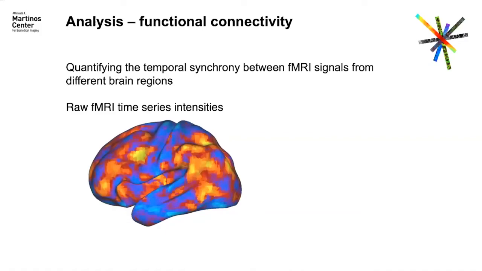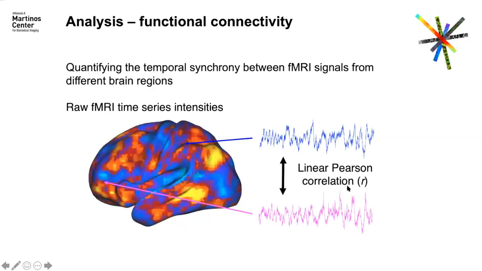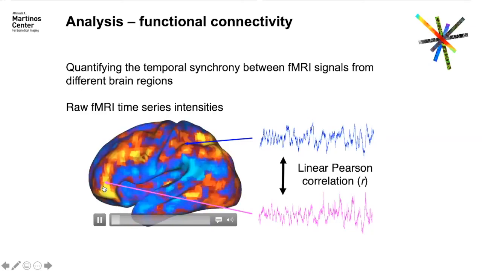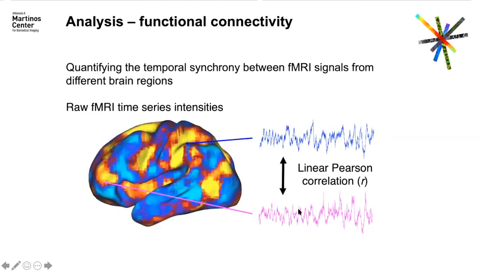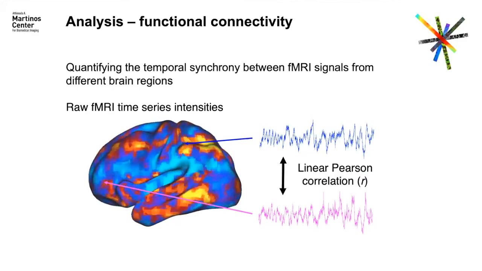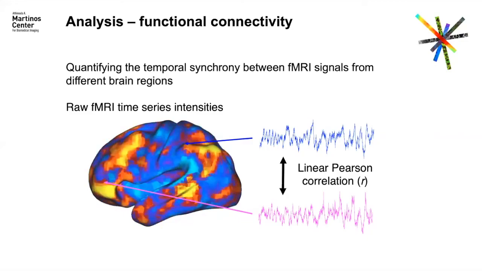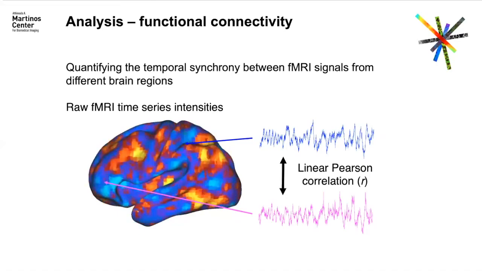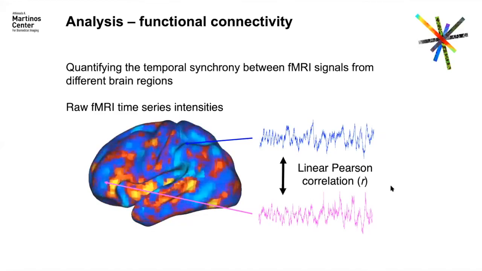So we can take one voxel from this area, one voxel from this area, and look at the basic Pearson correlation between them to see if their activity changes similarly in time, and that can tell you which kind of functional networks there are in the brain.